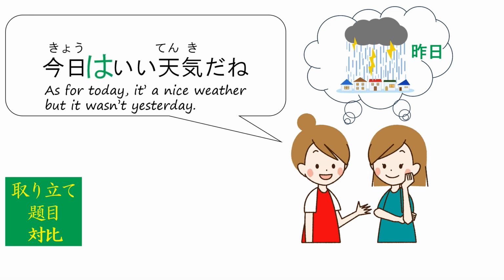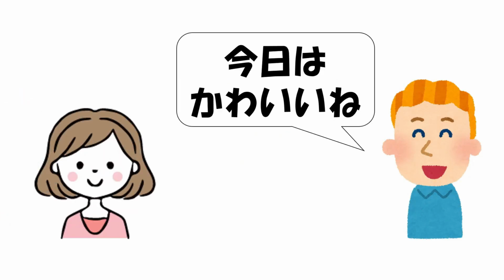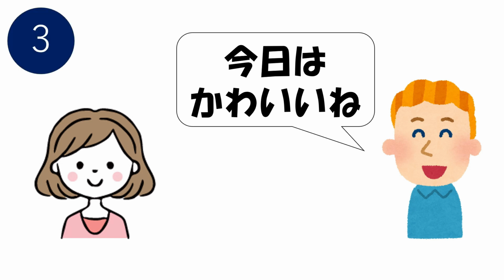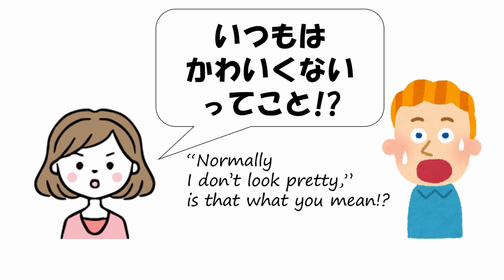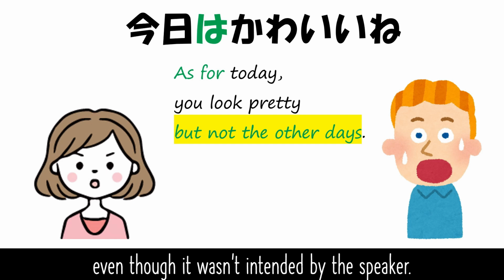今日はいい天気だね。Here's a quiz. 今日はかわいいね。What do you think the girl will say to him? 今日はっていつもは可愛くないってこと？Remember, the wa can include the meaning of 対比, even though it wasn't intended by the speaker.